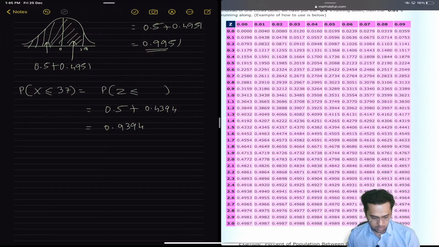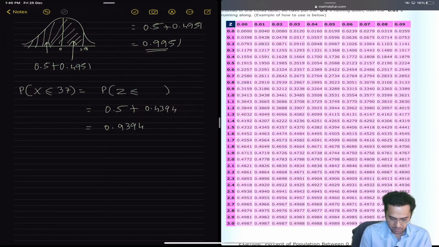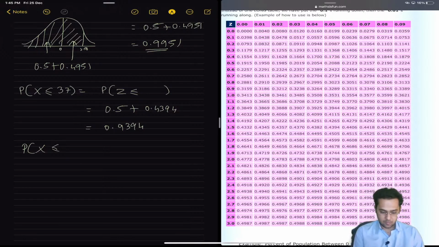Okay, maybe I'll give you one more for practice. Suppose x is less than or equal to 30. If you want to calculate this, that should be the probability of z less than or equal to how much?